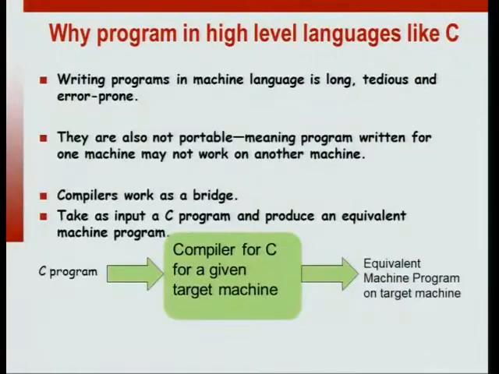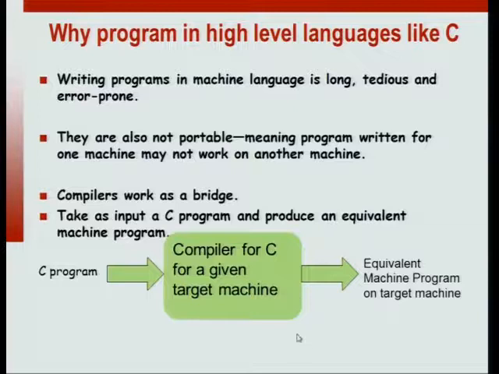If you write machine code for a particular processor, let's say an Intel processor, and you move it to an AMD machine, it might not work. Whereas if you take your C code and compile it on another machine, it will run on that machine. So compilers work as a bridge. What they do is take a high-level programming language like C and translate it into the equivalent machine code.